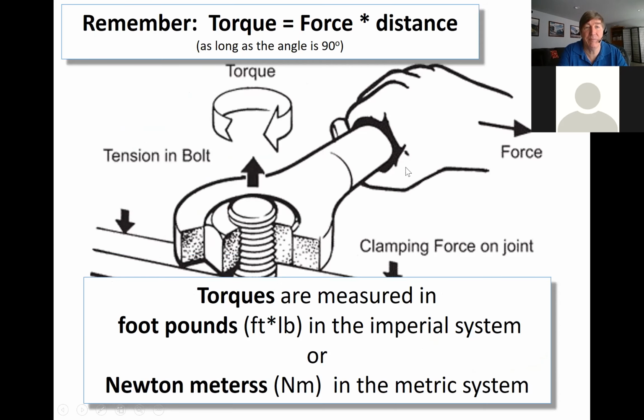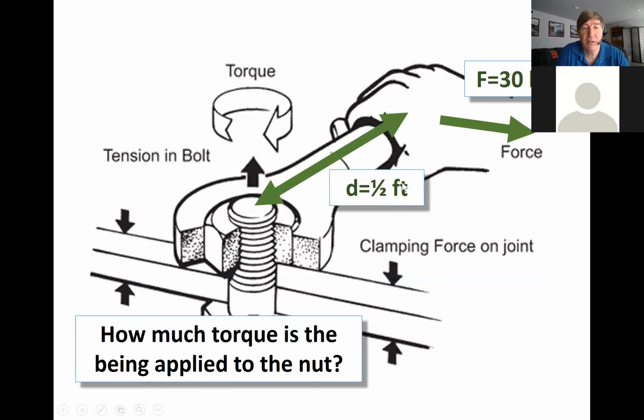Now here is a problem kind of like you might possibly see on today's daily quiz, wink, wink, nudge, nudge. Let's suppose that the hand is pulling on the wrench with 30 pounds. Do you guys agree that that's a reasonable number? You hopefully have a feel for how much 30 pounds is.